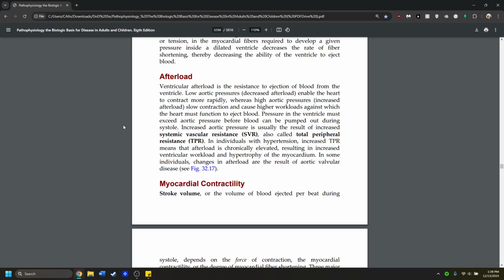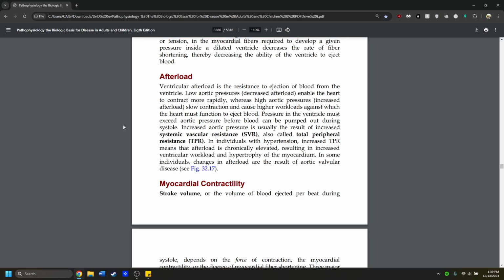Increased aortic pressure is usually the result of increased systemic vascular resistance, or SVR, also called total peripheral resistance, or TPR. In individuals with hypertension, increased TPR means that afterload is chronically elevated, resulting in increased ventricular workload and hypertrophy of the myocardium. In some individuals, changes in afterload are the result of aortic valvular disease.